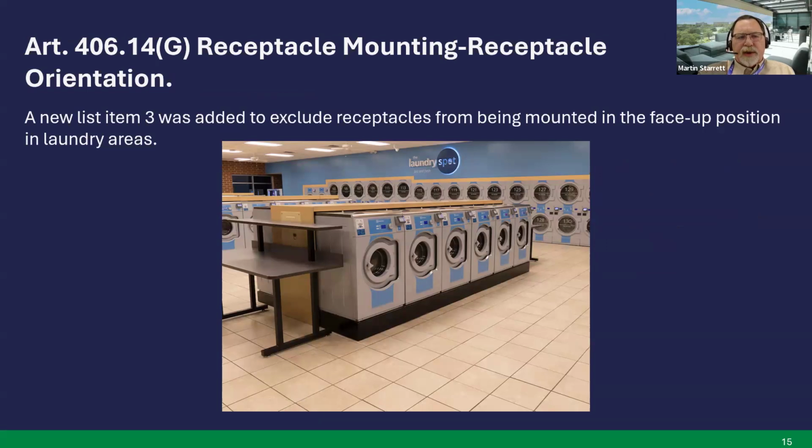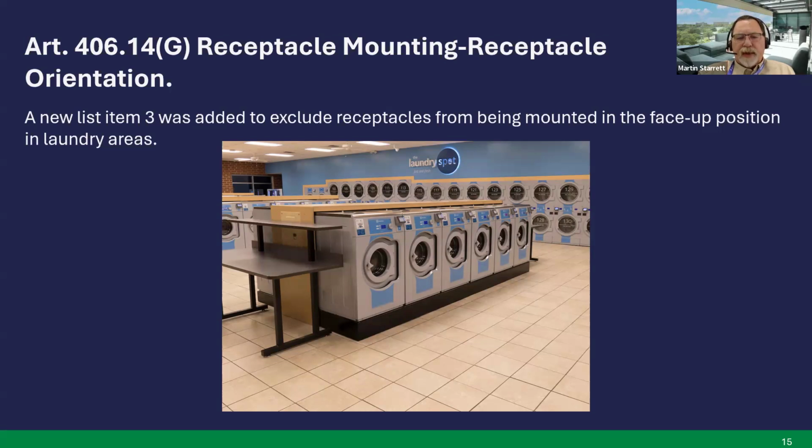Article 406.14(G), receptacle mounting, receptacle orientation. They've added a new list item number 3 to exclude receptacles from being mounted in the face-up position in laundry areas. So you might want to watch this.